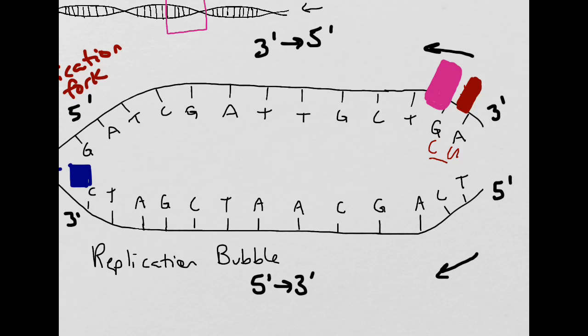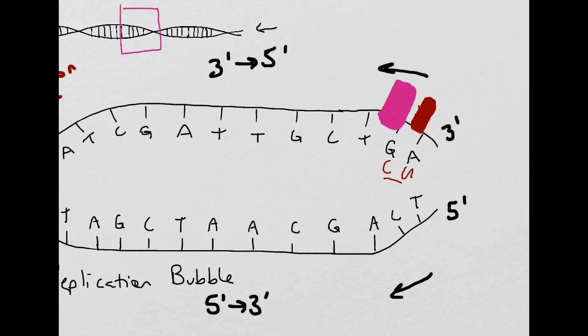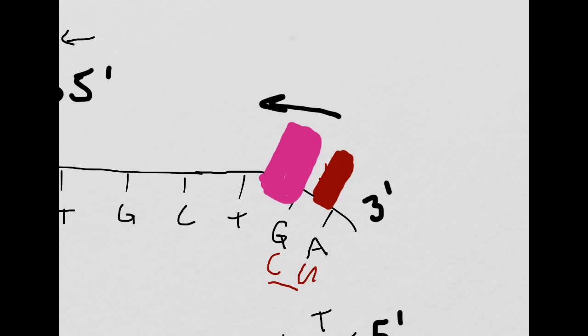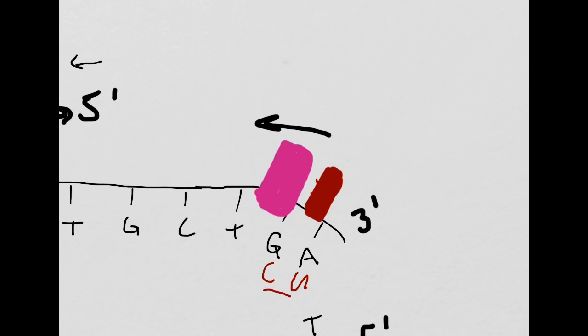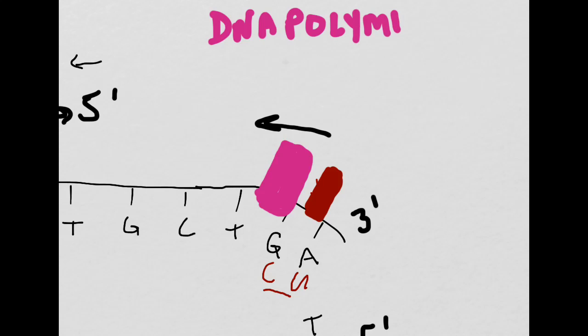Now, a rule for DNA polymerase, big time rule. Let's move it over here and write this rule because it's really important. DNA polymerase. It has a way it likes to work.